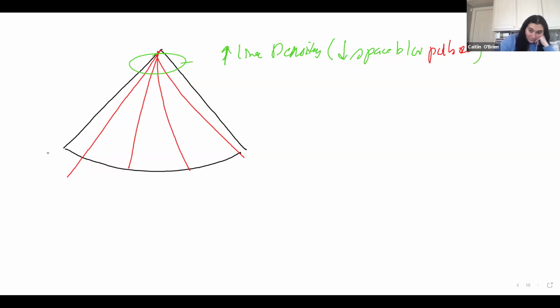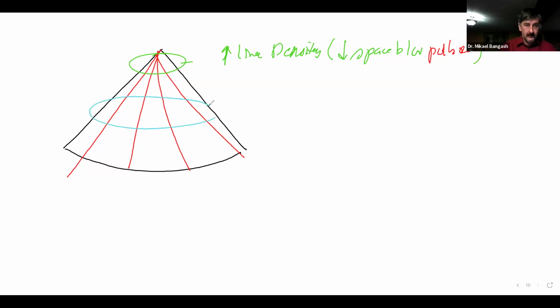Compared to if we go to this area here, we have a lower line density, mainly due to greater space between your pulses.